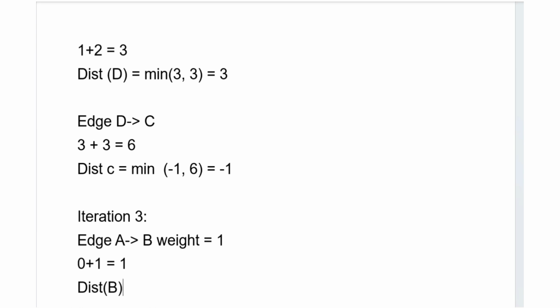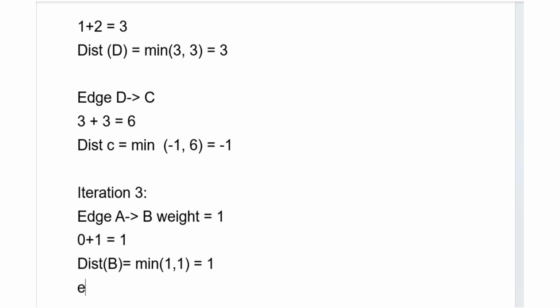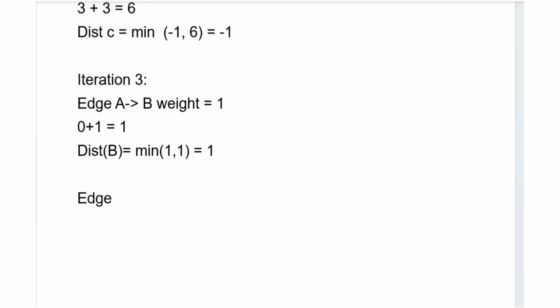Next we need to take A to C. The weight is 4. The current distance to C is equal to minus 1. Distance to C through A is the distance of A plus 4.